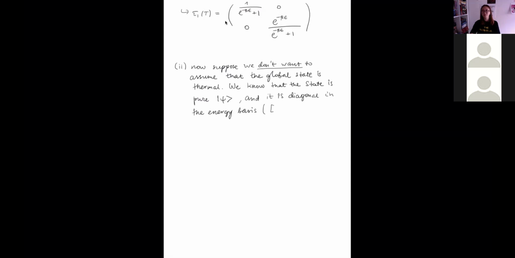Which means diagonal, I mean that if we write the density matrix which corresponds to the state, then this density matrix will be diagonal in energy basis. Which means, in other words, if we write it mathematically, that the Hamiltonian commutes with the density matrix corresponding to that state. Also, just to remind you, if two operators commute, this means that they have a joint basis in which they're both simultaneously diagonal.